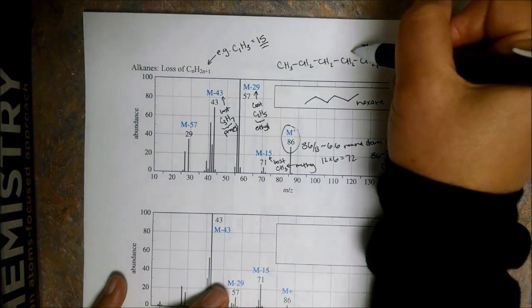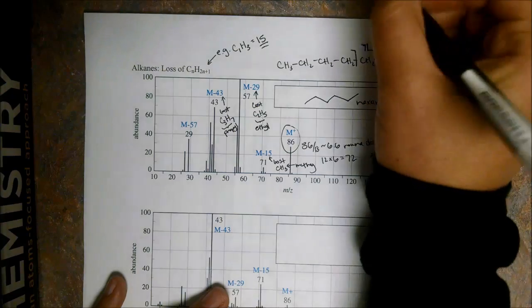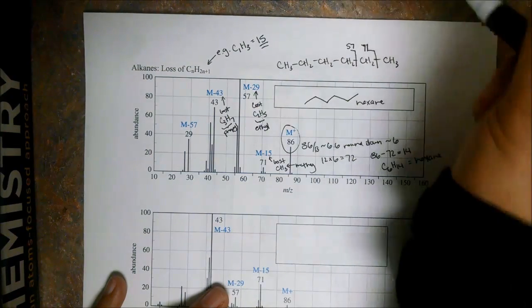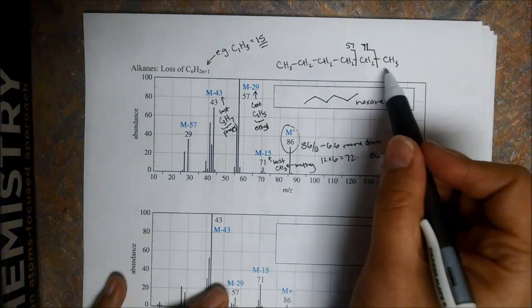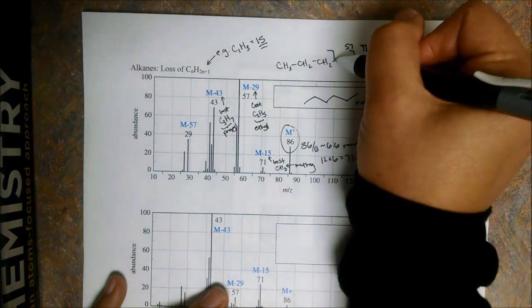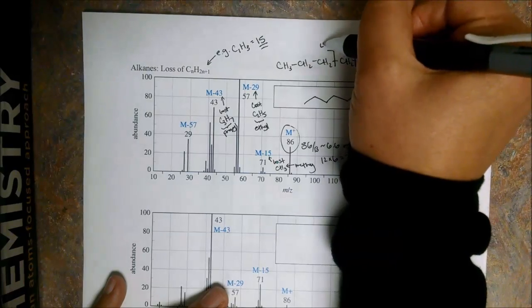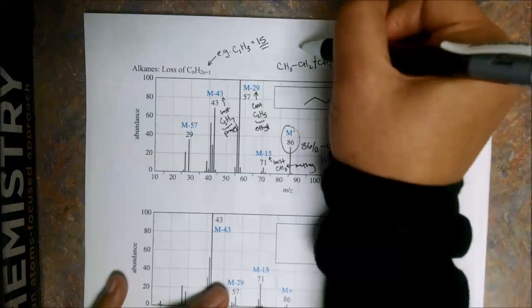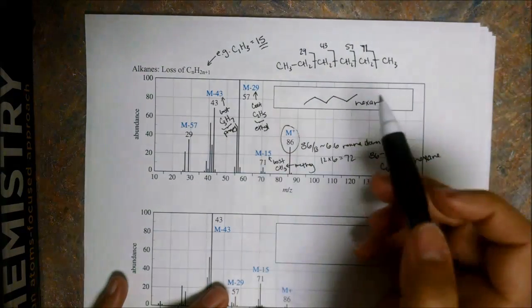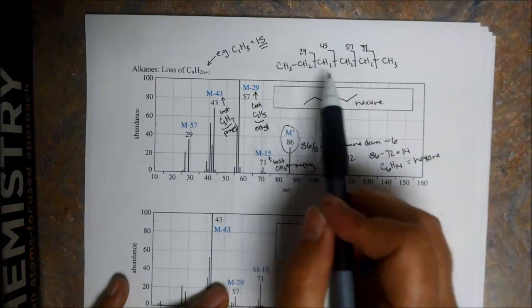If we lose an ethyl group, it chops it off right there. This corresponds to 57. Look at that. Again, that's because we lost this ethyl group all the way over here. We lose 3 carbons, we get 43. And we lose 4 carbons off of here, we get 29. So these are the different ways that hexane can fragment.